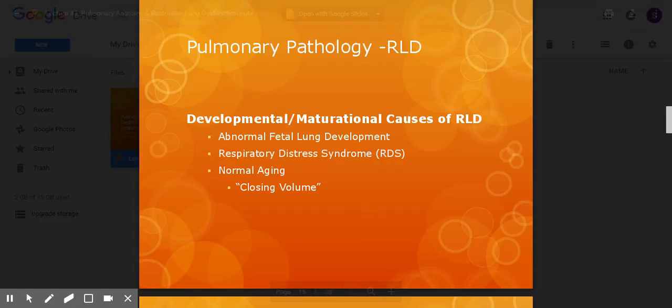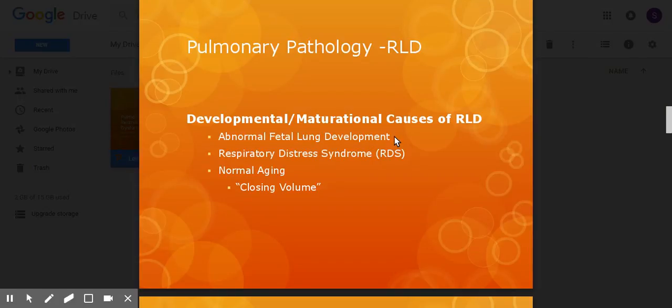So the first category is developmental or maturational causes of restrictive lung dysfunction. Obviously, there are conditions where infants are born with abnormal fetal lung development. This could be agenesis, or a total absence of the parenchyma and or bronchus, aplasia, a rudimentary bronchus but no parenchyma, or hypoplasia, a rudimentary bronchus and reduced parenchyma.